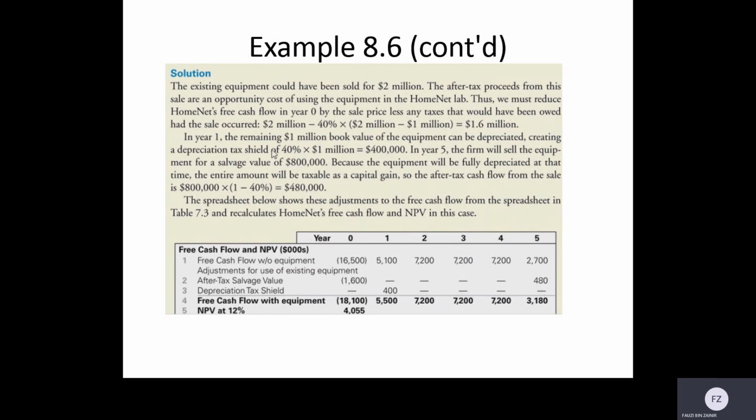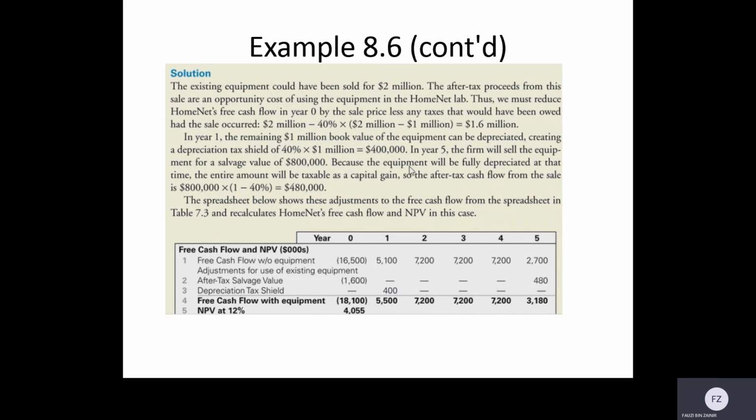For the depreciation tax shield, because the equipment has 1 million of book value that is depreciated in 1 year, and because this is a capital item with a 40% tax rate, the tax shield impact of subtracting depreciation and then adding it back later is calculated as 400,000.